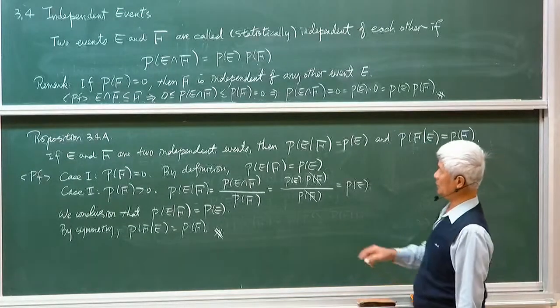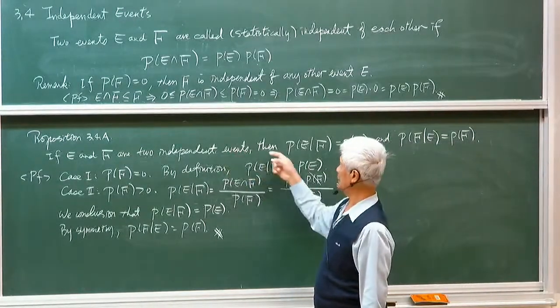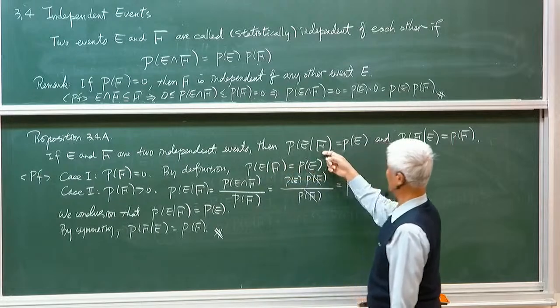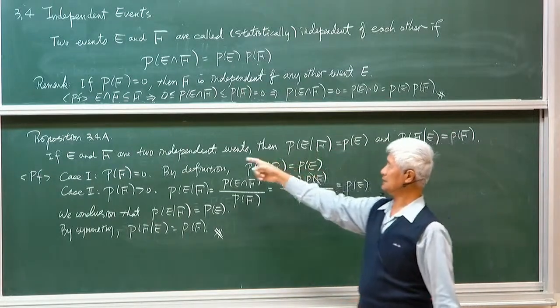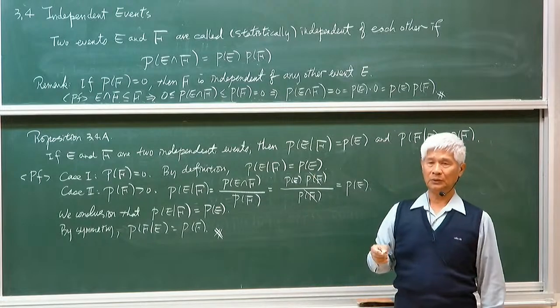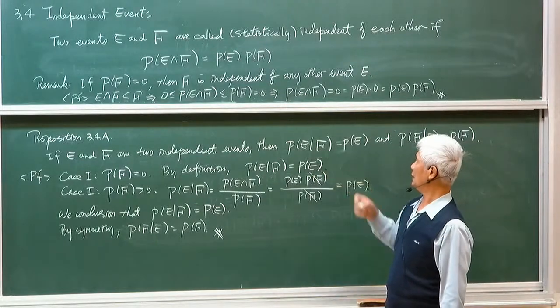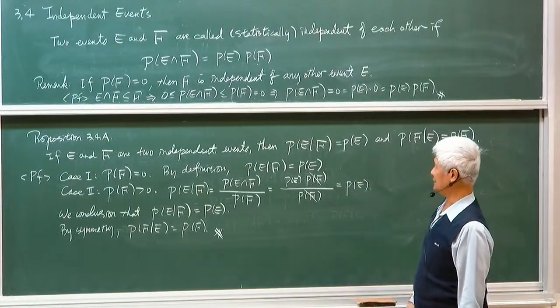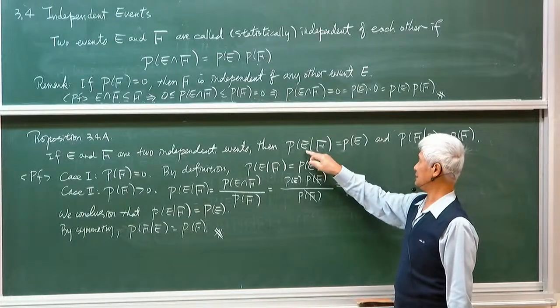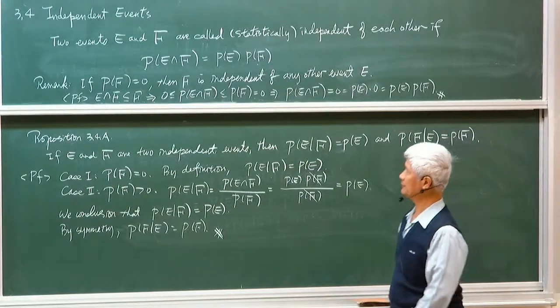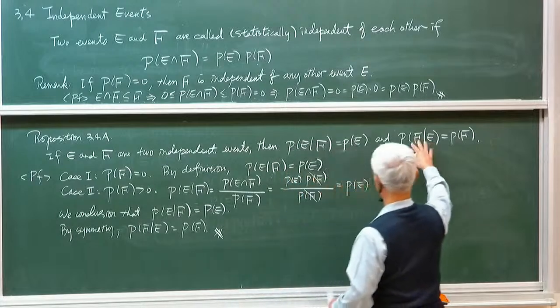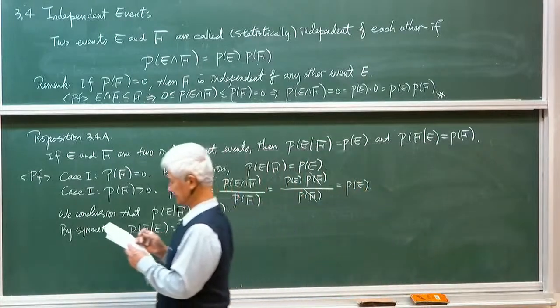All right. So independence is quite a special situation of conditioning, because in that case conditioning will not take any effect on the event E. And vice versa.